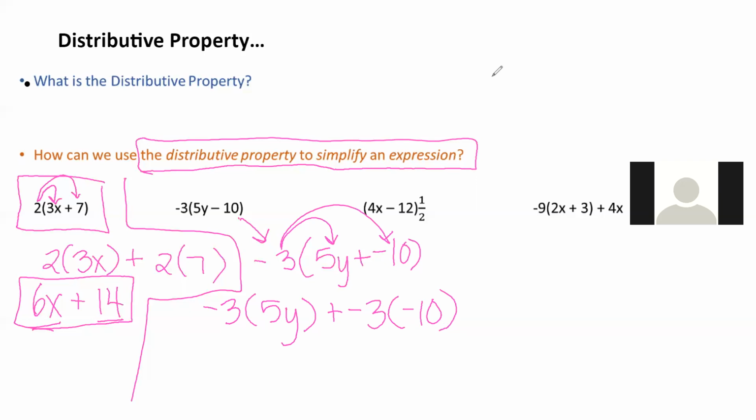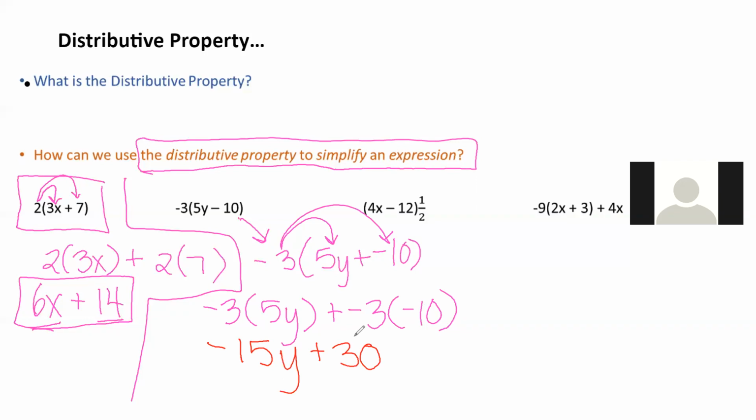Yeah, very good. Emma's doing the multiplication for us. She said -15 is what -3 times 5 is, and that's totally right. And then we gotta add that y in next to it. And then -3 times -10 is a positive 30. Good. And can I do anything else with that, guys?